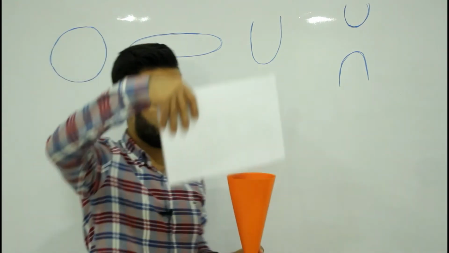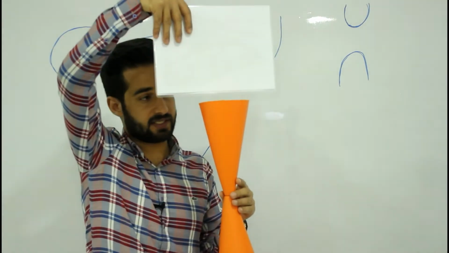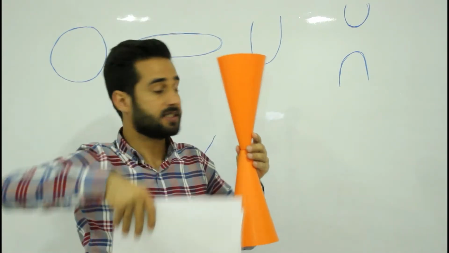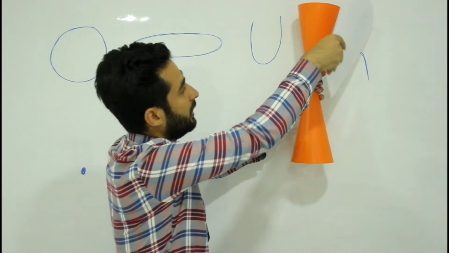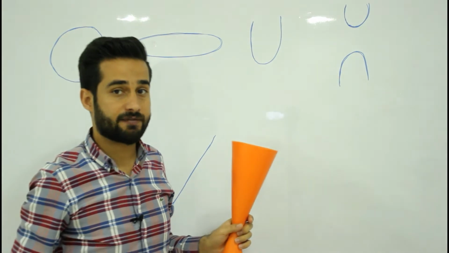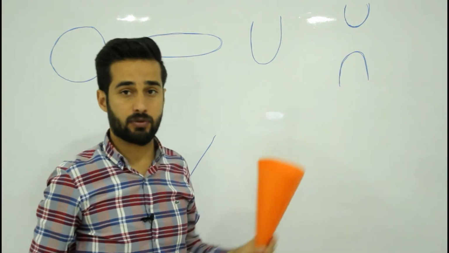And then if we cut vertically, straight like this through both parts, it becomes one parabola in this and one parabola on this. So we will have two parabolas, it means hyperbola.